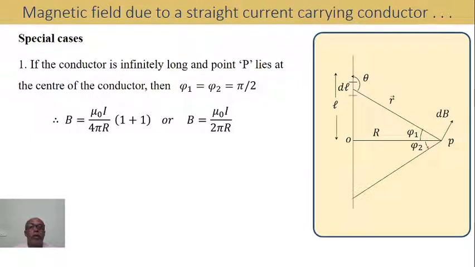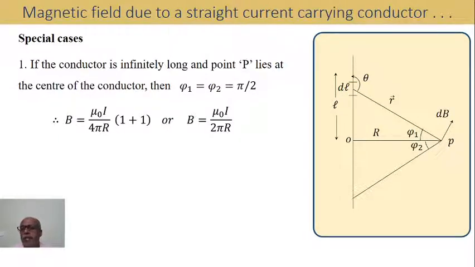Therefore sin phi 1 plus sin phi 2 is sin 90 plus sin 90, which is 1 plus 1. Therefore, B equals mu naught I by 4 pi r into 2, or B equals mu naught I by 2 pi r, which is the magnetic field when the conductor is of infinite length and point P is at the center of the conductor.